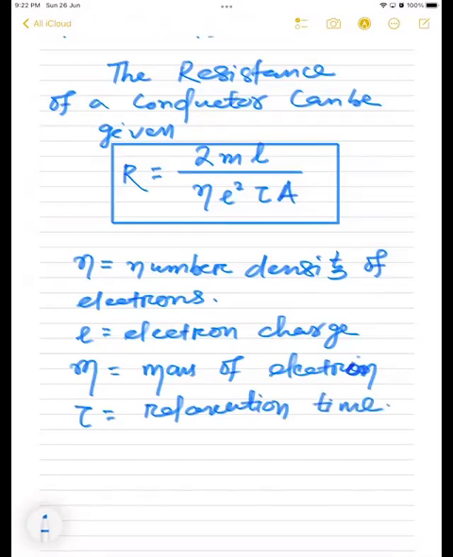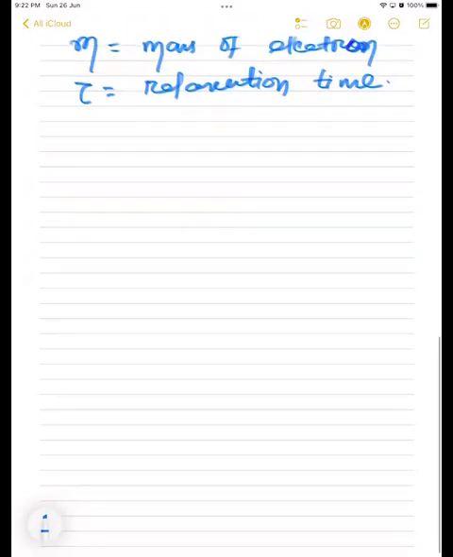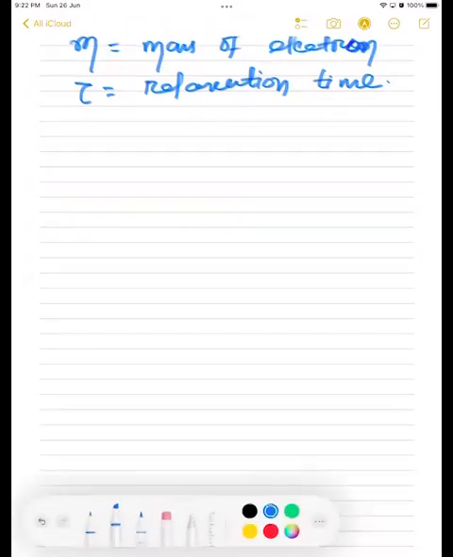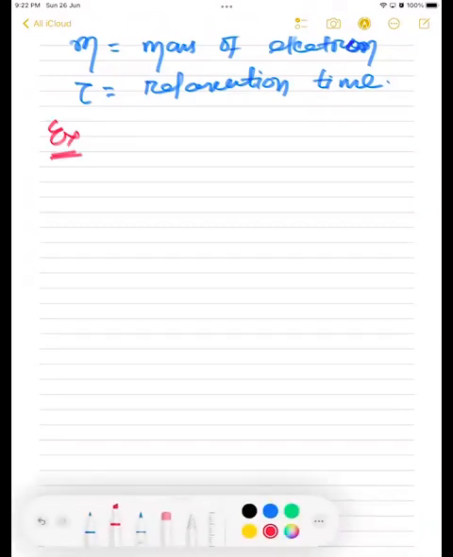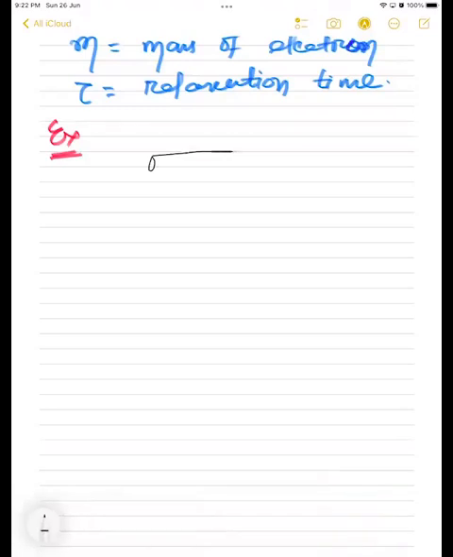Students, let's take an example related to drift velocity, right? What is the example exactly? Students, see, the example is, just consider a wire. Let's consider a wire of length 4 meter.